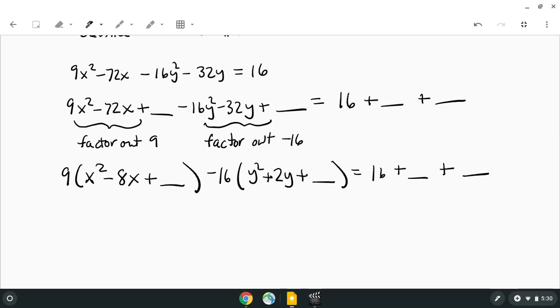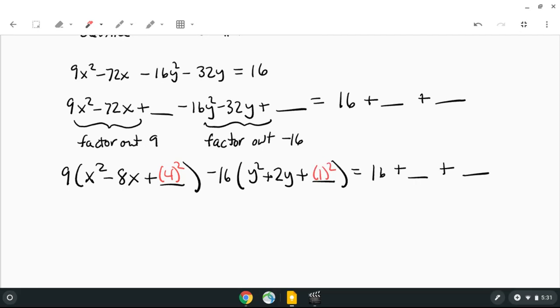Okay, so now we can go ahead and complete the square. Over here, I take half of 8, which is 4, and I square it. And for this one, I take half of 2, which is 1, and I square it. Now here's the part where you need to be careful.